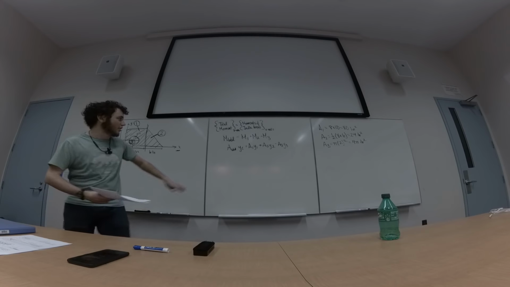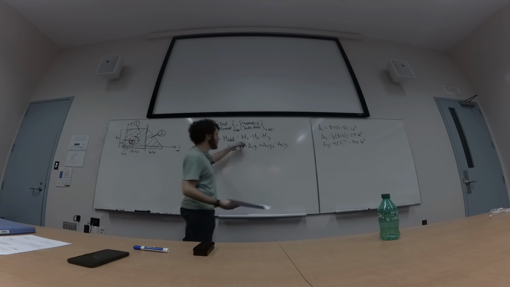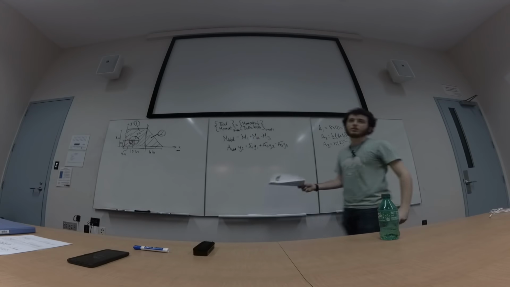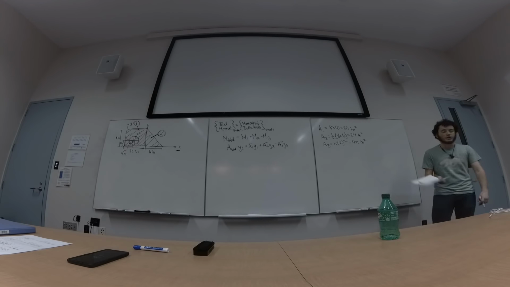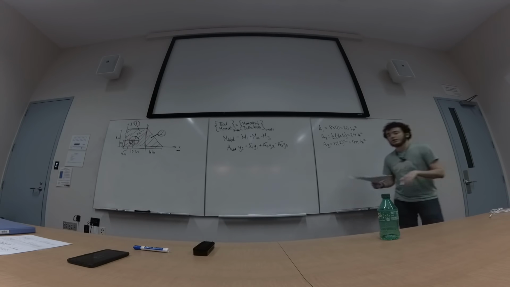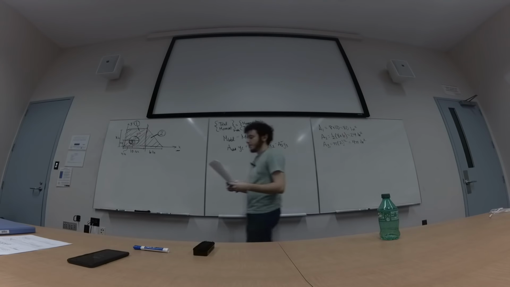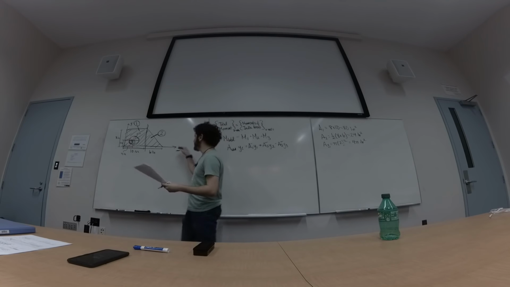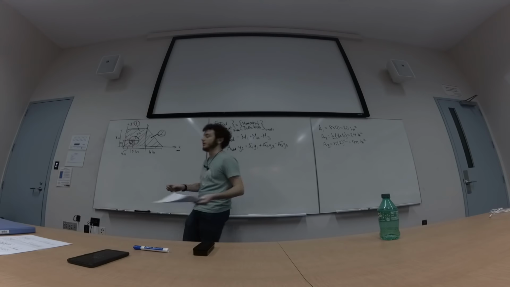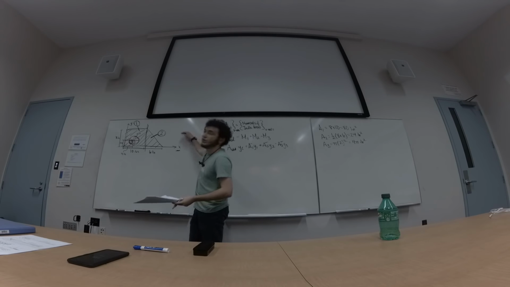So what we're going to do then is, we just found A1, A2, and A3. What we're going to do next is find what Y1, Y2, and Y3 are. These equations are definitely going to be given to you. So Y1 is the Y component of the centroid of area 1. It's the distance from the x-axis to that centroid.